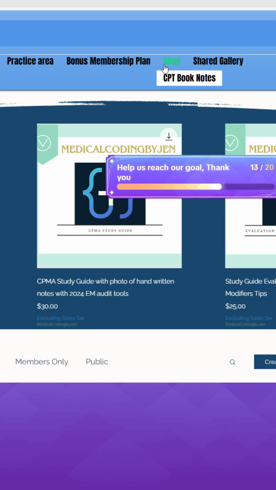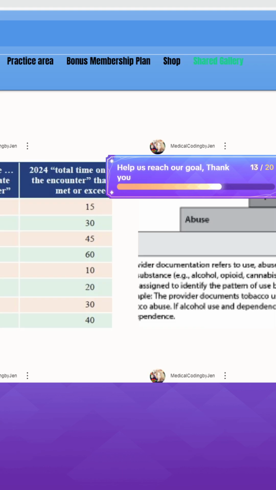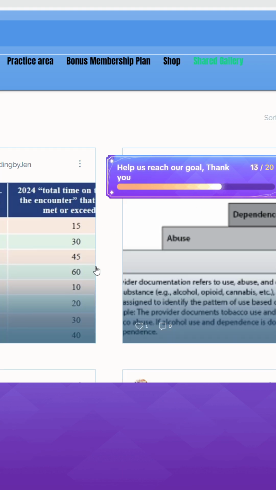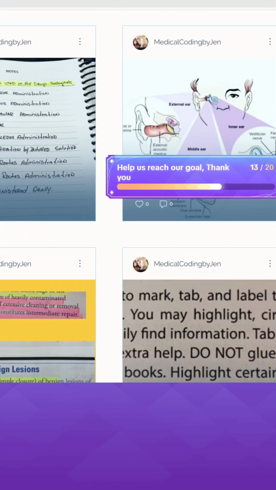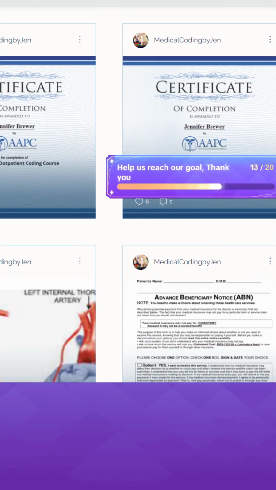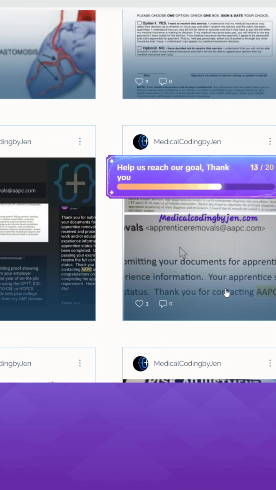There is my notes in the shop if you want to copy page by page my notes. The shared gallery is also free. These are my favorite pictures for all kinds of stuff. Just tons of really good photographs that I love, like how do I get an extra hour for the exam? How do I get rid of my apprenticeship?